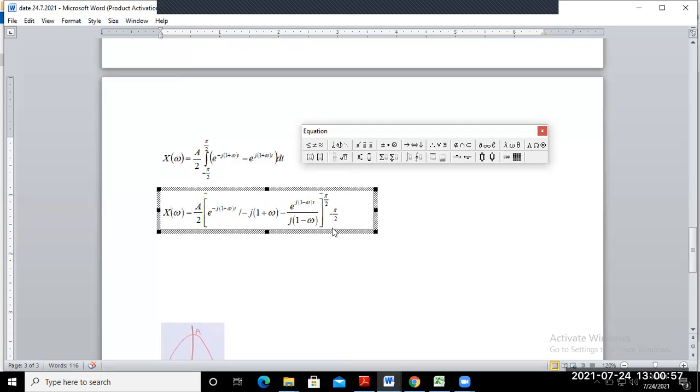Upper limit minus lower limit. So if you put the upper limit pi by 2 in the first term, it becomes e to the power minus j into 1 plus omega into pi by 2 divided by minus j into 1 plus omega, minus the lower limit, that means minus pi by 2, so minus plus, e to the power j 1 plus omega into pi by 2.